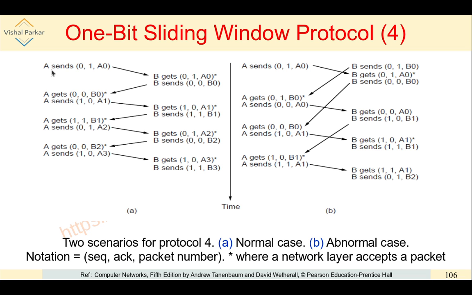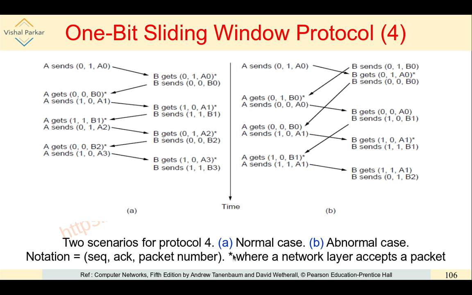Now imagine A, means the first party, sends a frame with this notation, where the first entity is the sequence number of the frame. After comma, the second entity is the acknowledgement of the previously received frame, and the third quantity is the packet number within that frame.